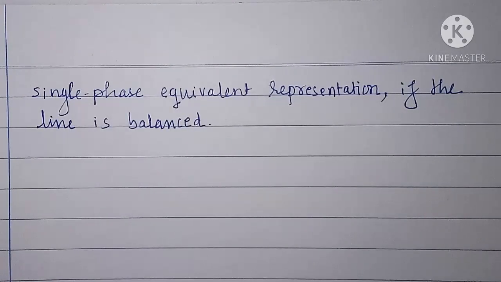The resistance used for the analysis of transmission line performance is the effective, that is AC resistance. The direct current resistance, that is RDC, of a conductor is defined by RDC equal to rho L upon A, which you have studied already in your 10th standard and your PU level.